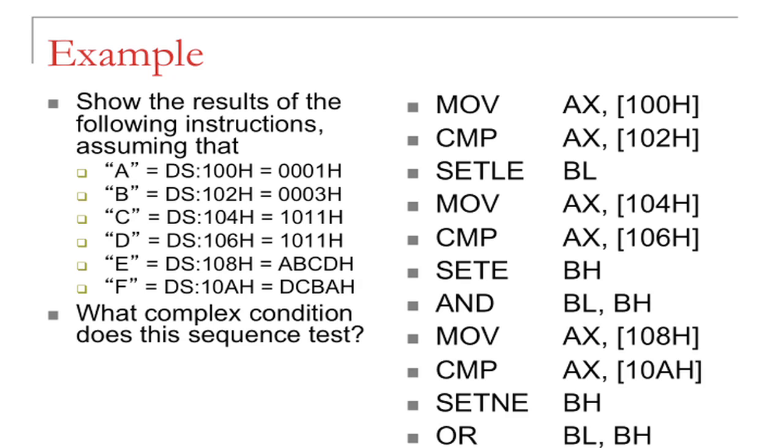What are you doing in this, A equal to B, and not B less than A? Because it's A minus B, because that's the previous instruction. The comparison will do A minus B. So we're talking about whether A is less than B. The SET instruction depends on the previous one.